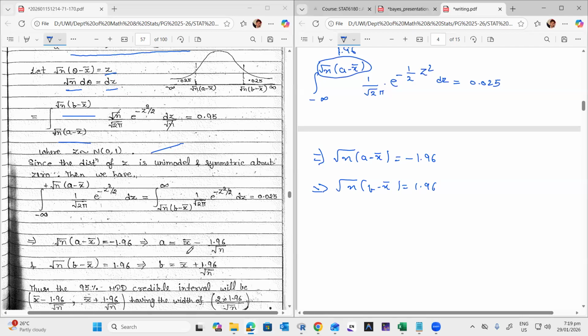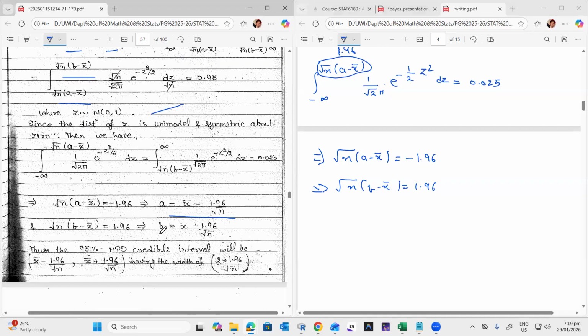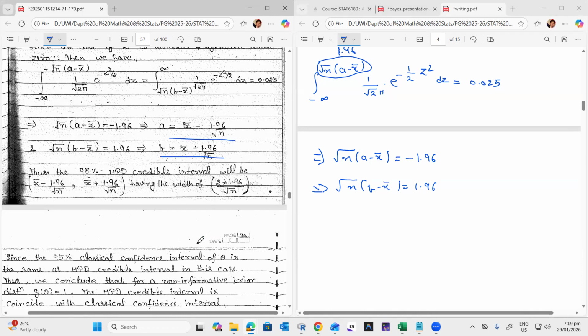So from that you get the values of a and b: a is x bar minus 1.96 divided by under the root n, and b is x bar plus 1.96 divided by under the root of n. So your HPD interval will be x bar minus 1.96 divided by square root of n, x bar plus 1.96 divided by square root of n, and the average width will be 2 into 1.96 divided by under the root n.